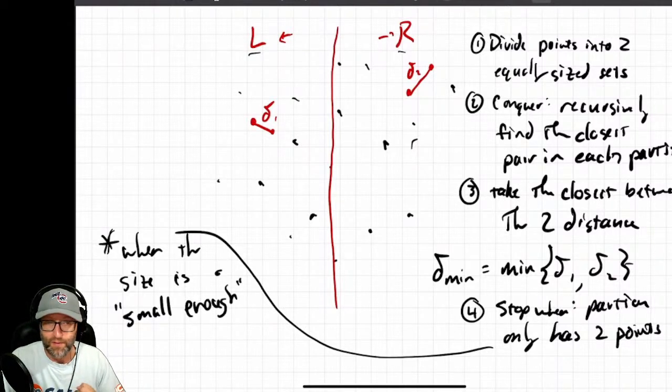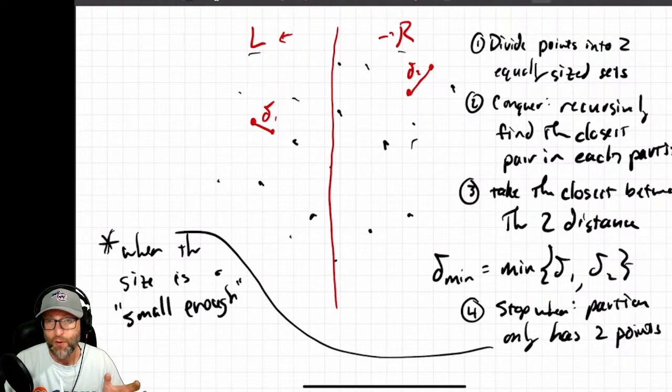Well, small enough is 2. If you have a set of size 1, there is no minimum distance because you can't say it's 0. Then that would be like a trivial solution. You could say that small enough is 3, and then you would compute the 3 possible distances and take the minimum among those 3.